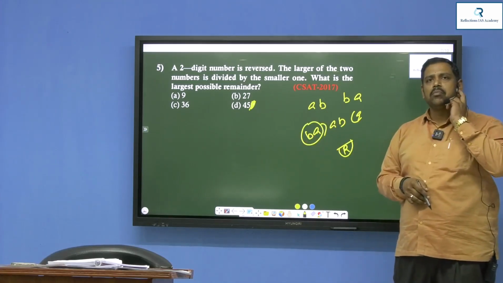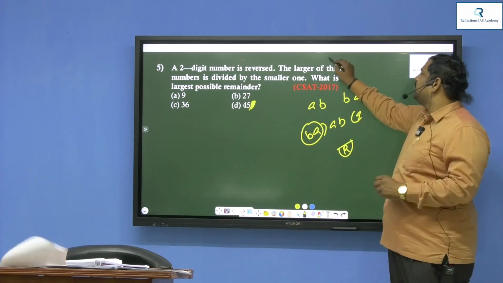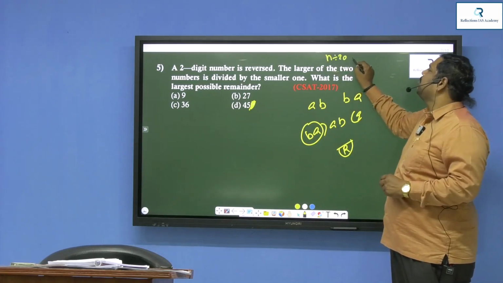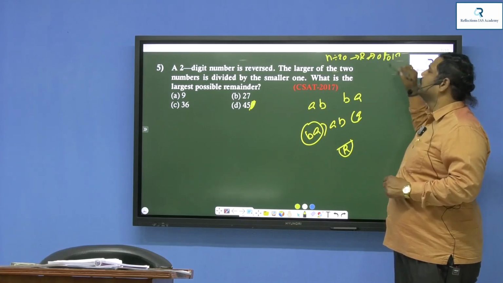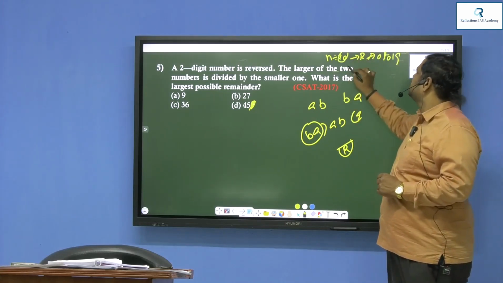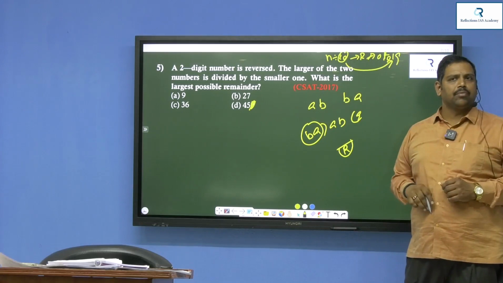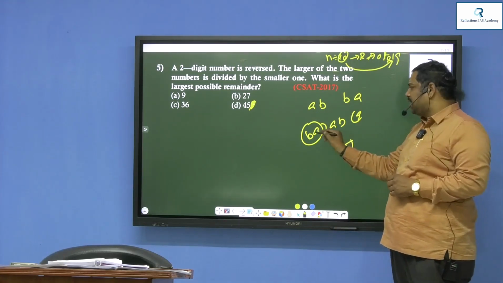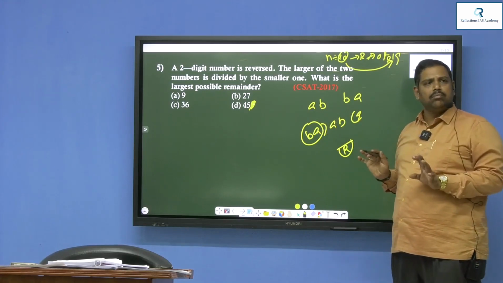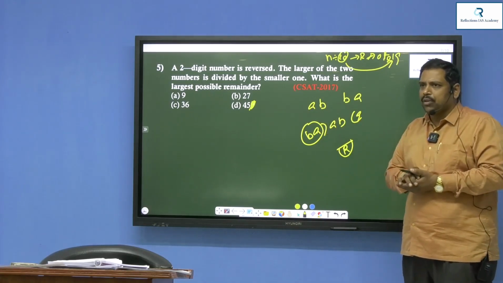Because if you divide a number with 20, the remainders that you will get are from 0 to 19. With which you divide, minus 1 will be the maximum remainder. Yes or no? To get maximum remainder, the maximum remainder is nothing but BA minus 1. That can be the maximum one. Okay, good.